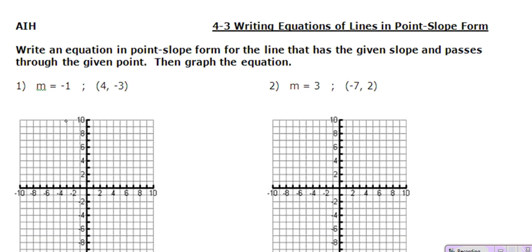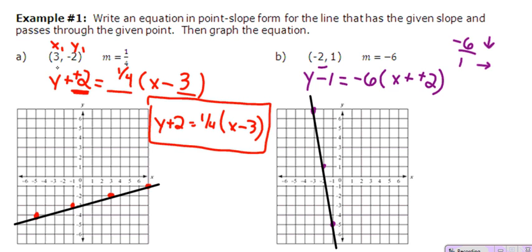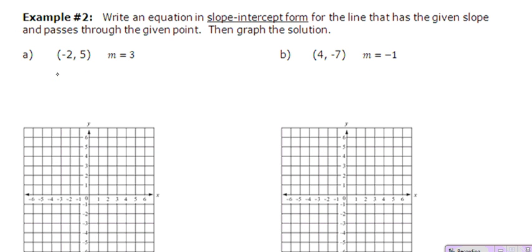Let's try another one. This one says, write an equation in slope intercept form, for the line that has the given slope and passes through the given point, and then graph the solution.